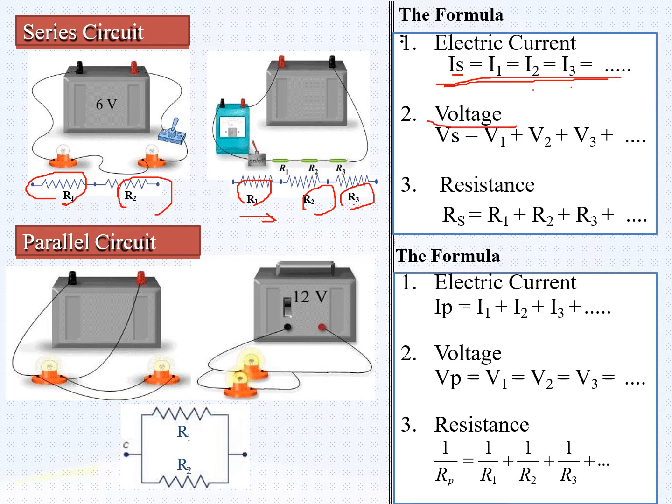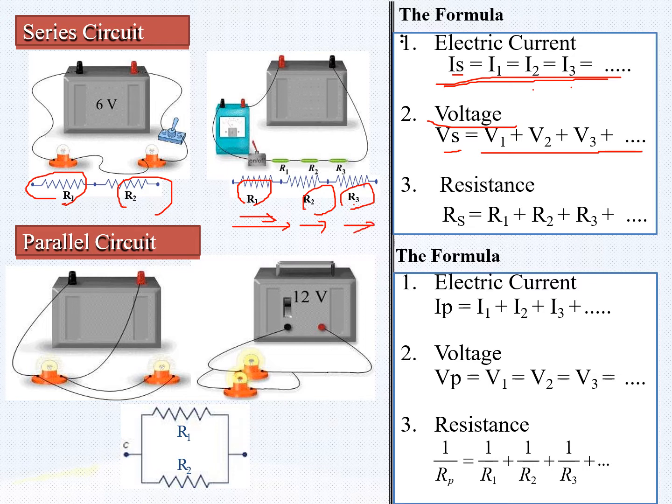Now what about the voltage? We have considered the source voltage, which is 6 volts in this example. The source voltage is basically the addition of all the voltages: V1, V2 and V3. V1 is the voltage drop across resistance R1, V2 is the voltage drop across resistance R2, and V3 is the voltage drop across resistance R3.